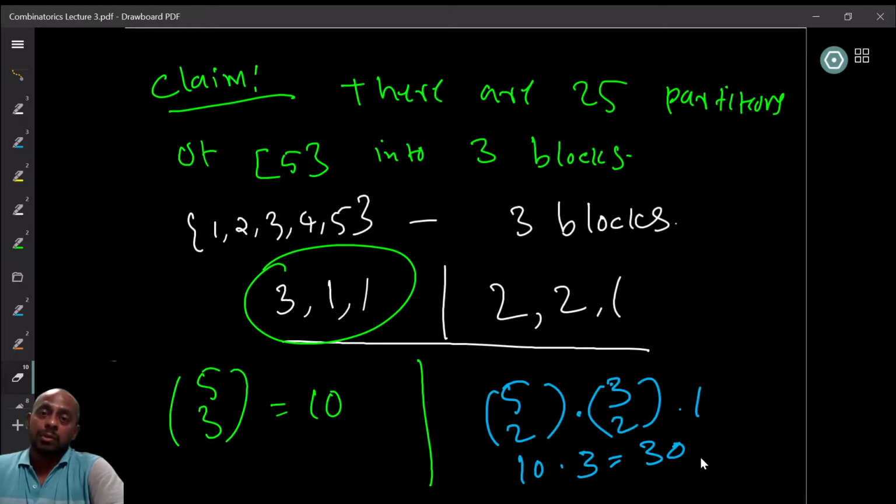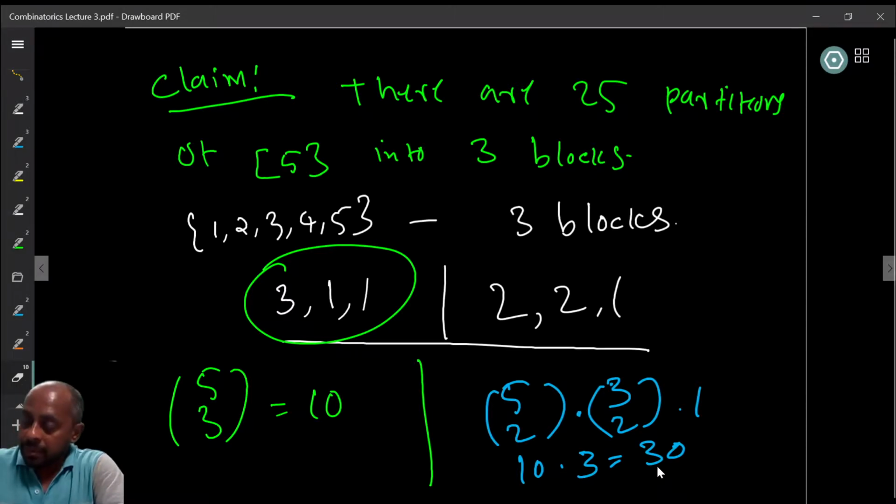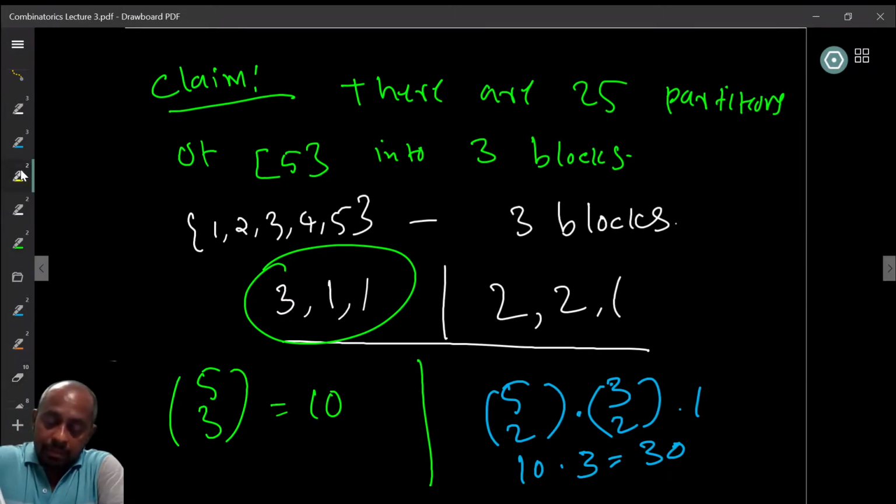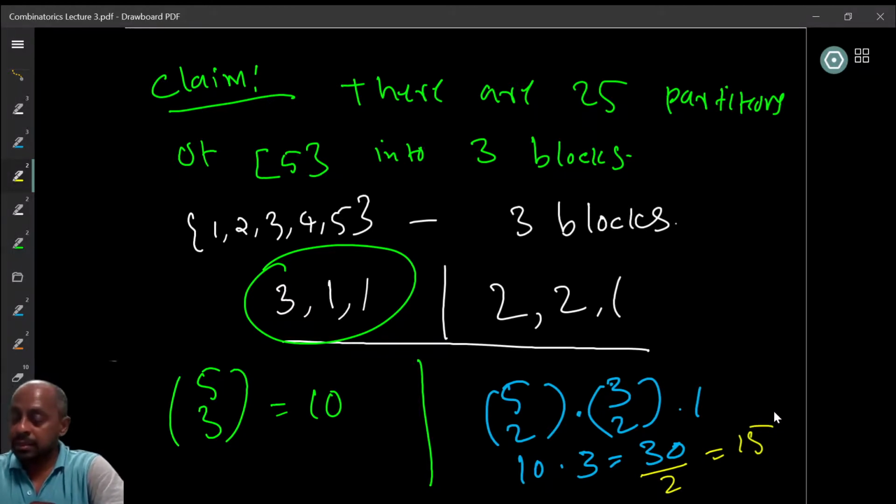So in these 2 possible ways it can come, and we are counting both of them when we take the multiplication. Since we are counting each of these exactly twice, we divide by 2. So we get 10 times 3 divided by 2, which is equal to 15. So I have 15 possible ways only, not 30.